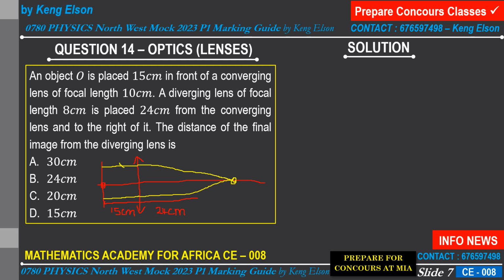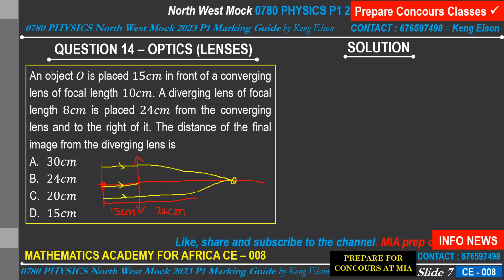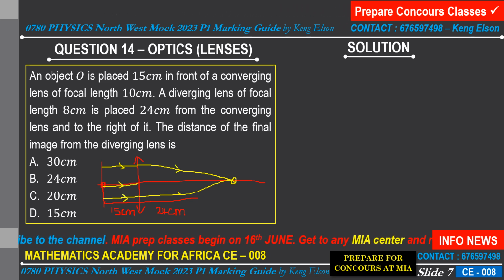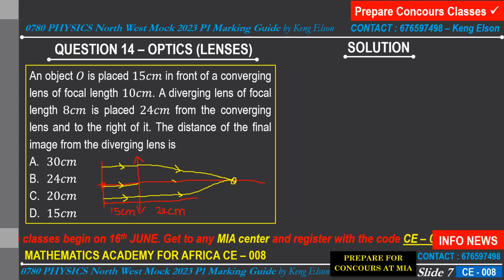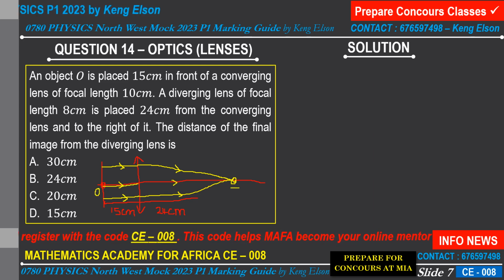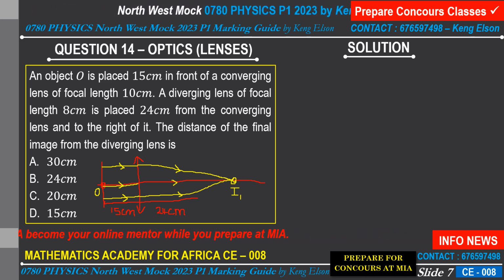So I have a ray of light horizontal. The ray through the principal focus is undeviated, but the rays that are not going through the principal focus are being converged. So if this is my object O, this is the image of the object. I can call it I1. That is in the case where the diverging lens is not there.